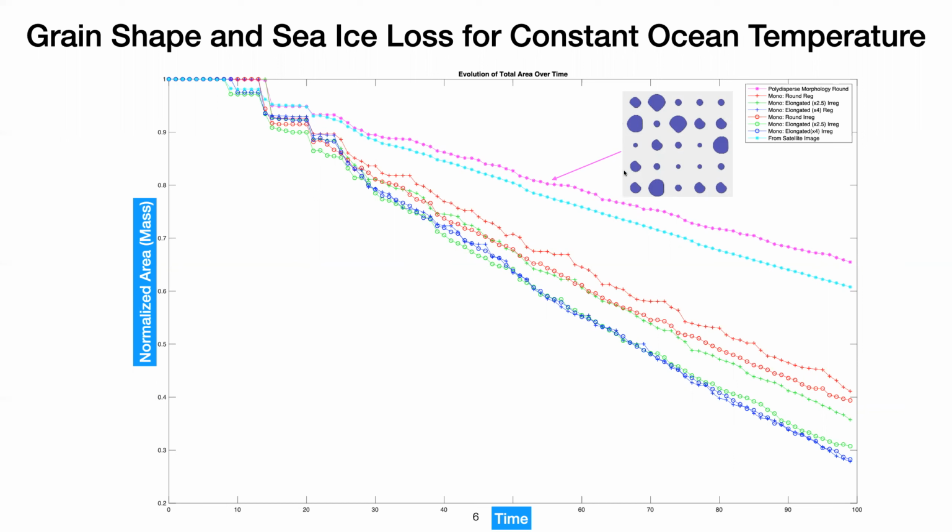Here you can see the results for a polydispersed distribution, in which we have larger flows and smaller flows in between with a relatively soft texture on the sides. And then we decided to compare working with a monodispersed distribution with perfectly circular flows. So here you can see how we have a higher mass loss rate even with initial conditions that are the same.